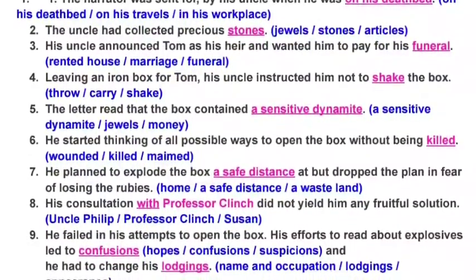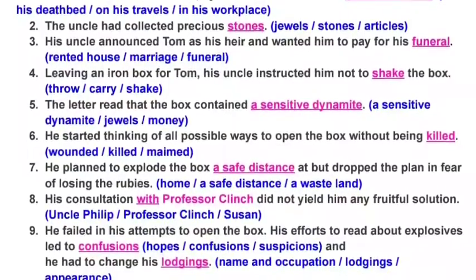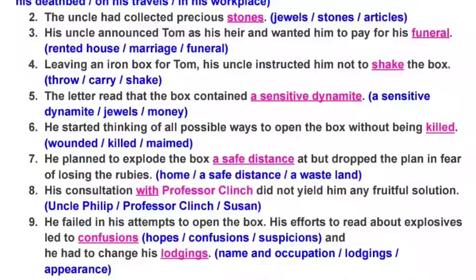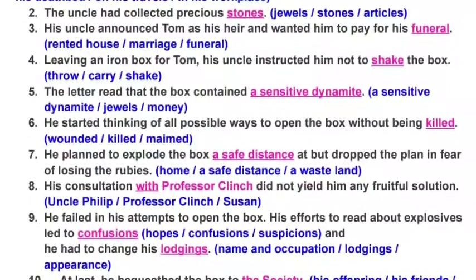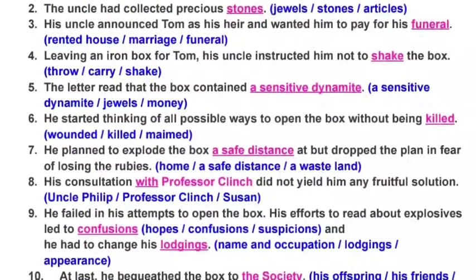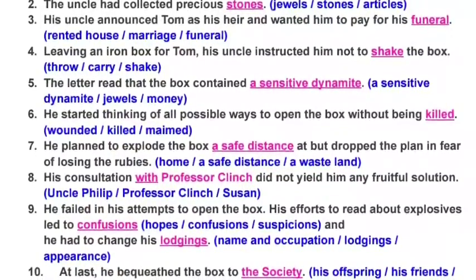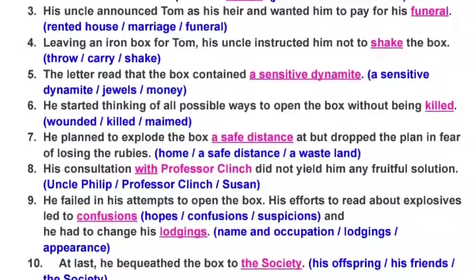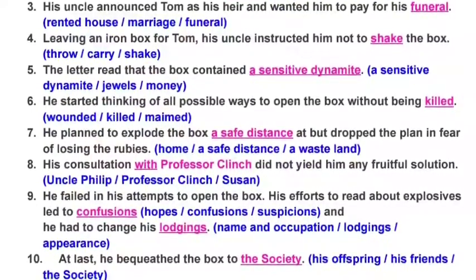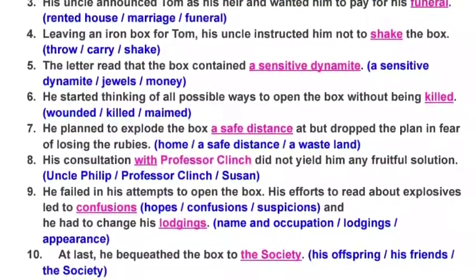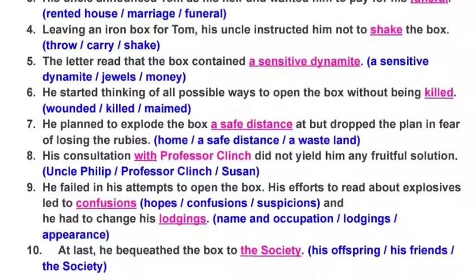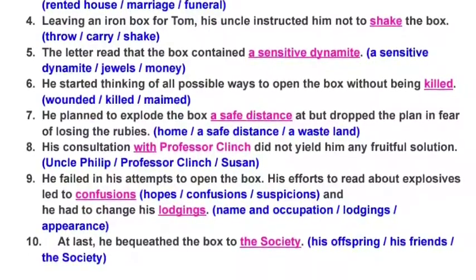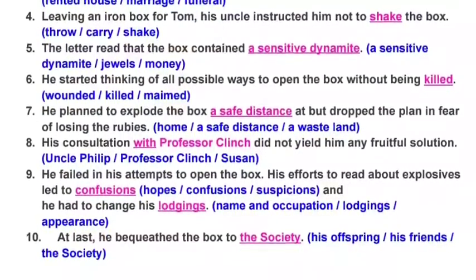Uncle Philip, or Professor Clinch, or Susan. 9. He failed in his attempts to open the box. His efforts to read about explosives led to confusions, and he had to change his lodgings, name and occupation. Hopes, or confusions, or suspicions. Lodgings, or appearance. 10. At last, he bequeathed the box to the society. His offspring, or his friends, or the society.